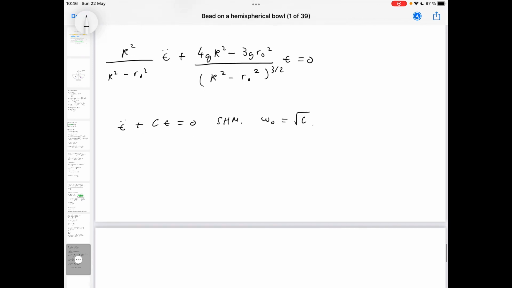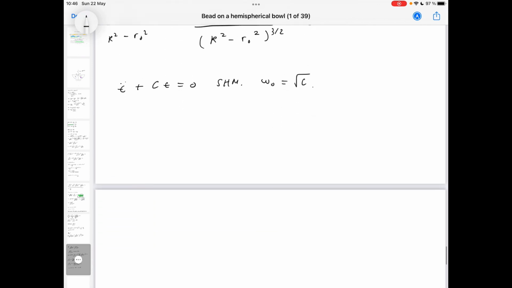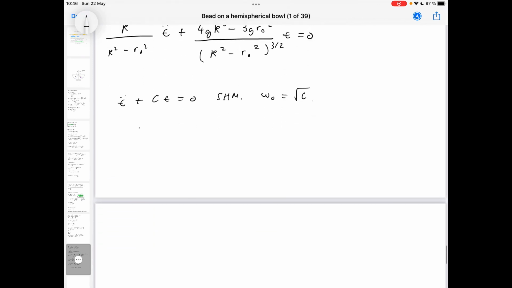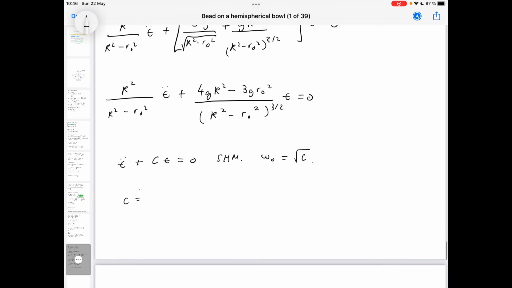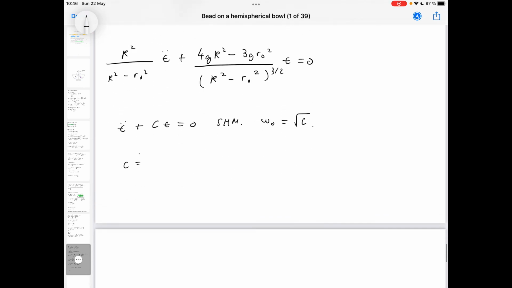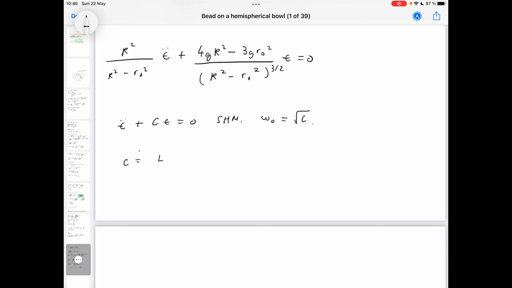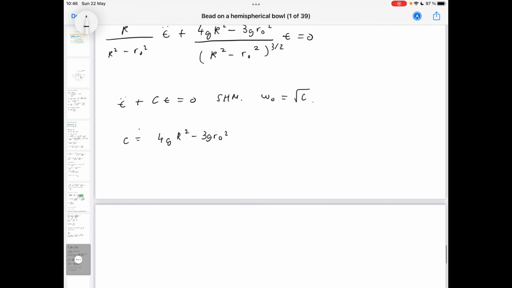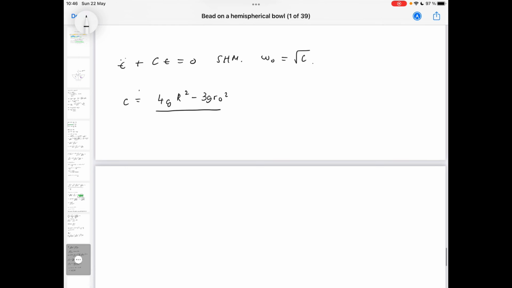So we get that c equals 4g R squared minus 3g R naught squared, and then I have to write R squared times the square root of R squared minus R naught squared.